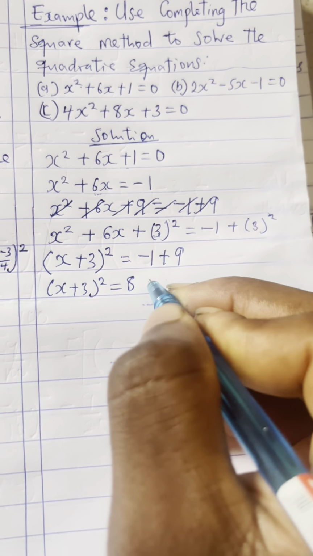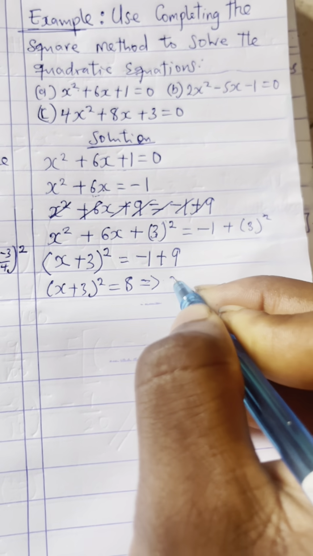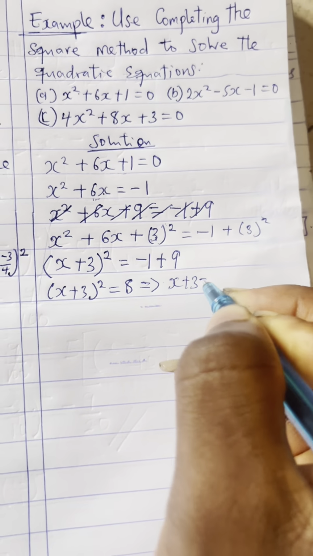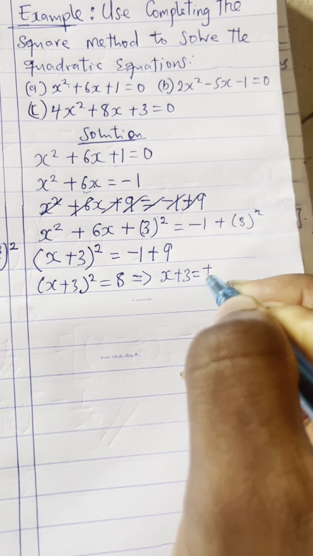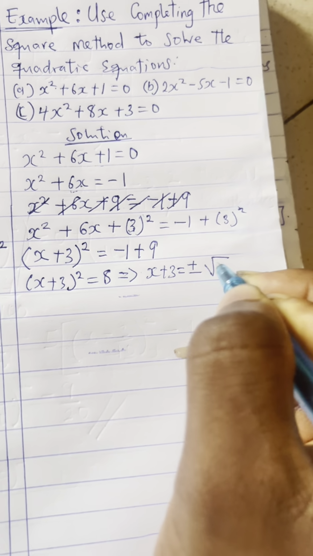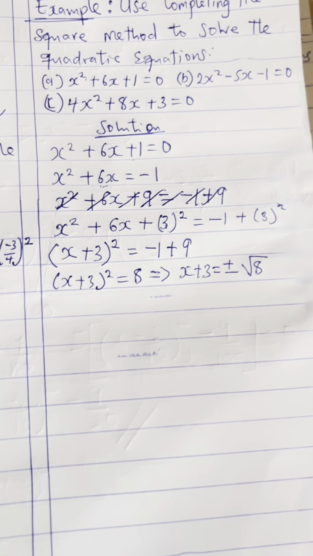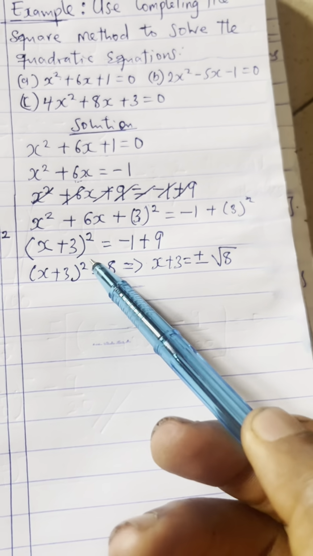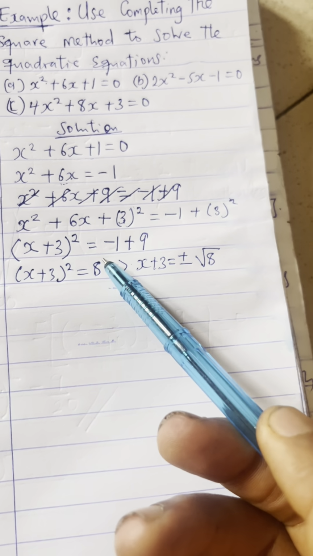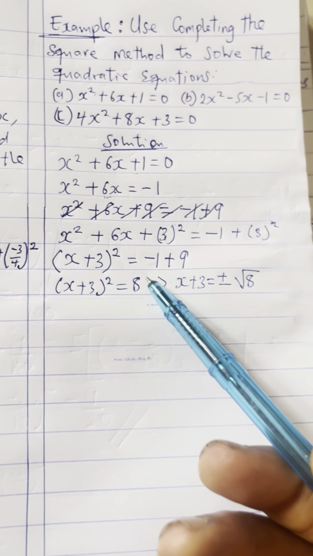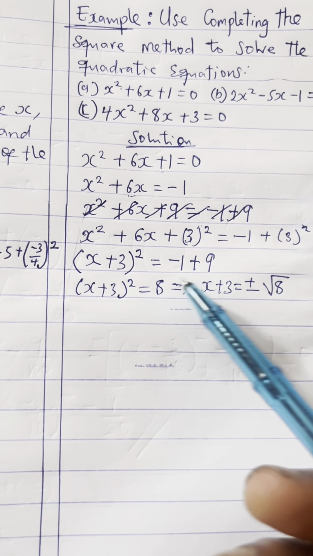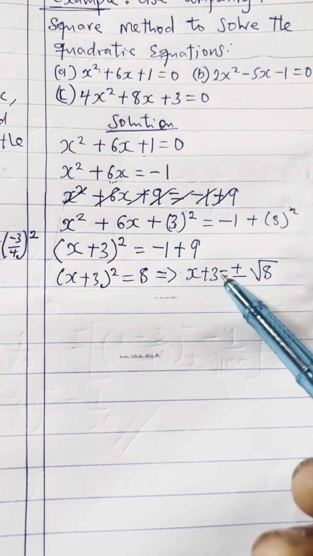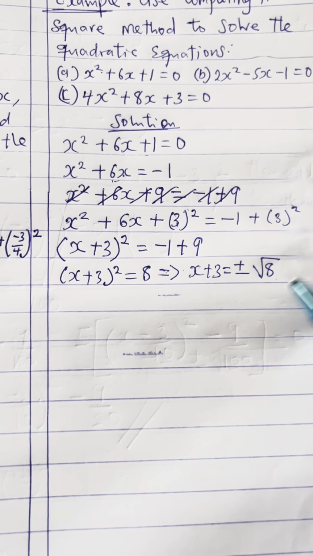So this simply means that this expression can be written as x plus 3 is equals to plus or minus root 8. What we did here is that x plus 3 all squared, I can bring this square to the other side. If this square comes to the other side, it's going to turn to square roots. So that turns to x plus 3 is equals to plus or minus root 8.